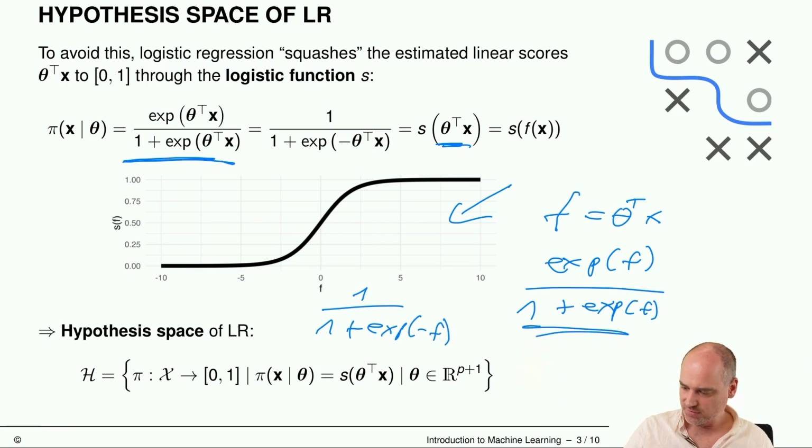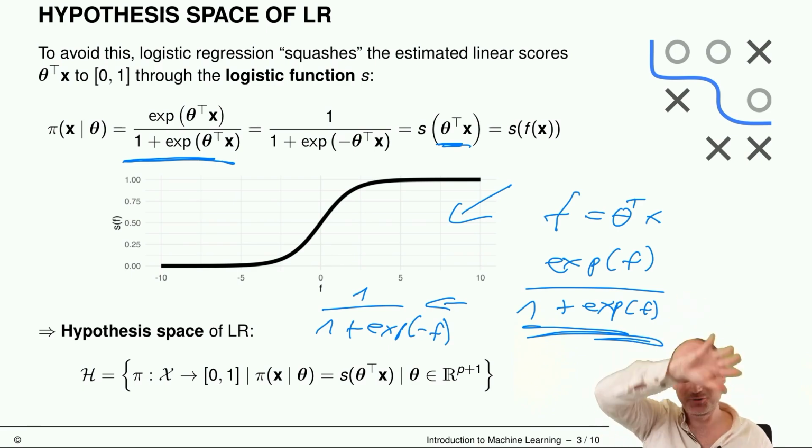Yeah? So divide that thing here by exp of f in the numerator and denominator, and you'll immediately get to this form here. There are other options. You can basically use any kind of CDF, because a CDF usually has this sigmoidal form, but for logistic regression, we'll specifically use this logistic function. And I'll now discuss this way more in detail in the remaining slides of this session.